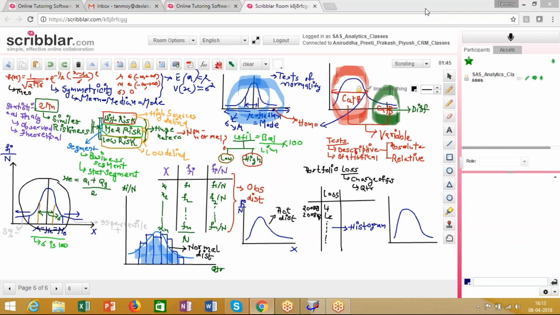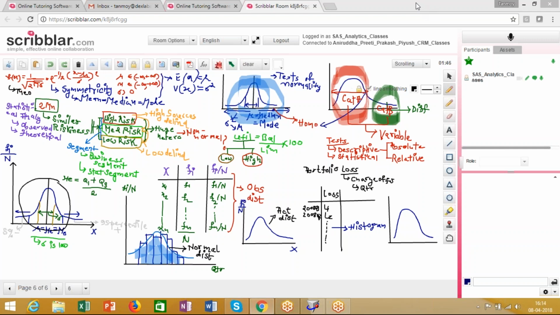Does this example answer your question? Great. The others, is this idea clear? The idea of observed distribution, the idea of theoretical distribution, the loss distribution example, and the way this graph is constructed. Are these clear to you? Great.